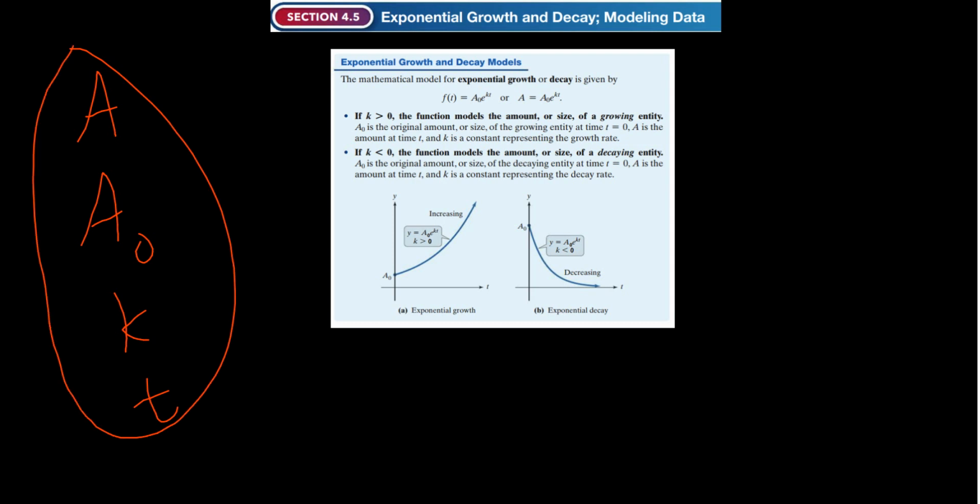Recall that e is not a variable. So we have 3 unknowns plus the amount, which is 4 variables. I've told you before that if you have n unknowns, in order to solve with just one equation, you need n minus 1 of the variables. So if we have 4 variables, in order to solve it, we need to know 3 of them. Most of the time in this section, k is the one we're going to be finding, and we'll see that with example 1.